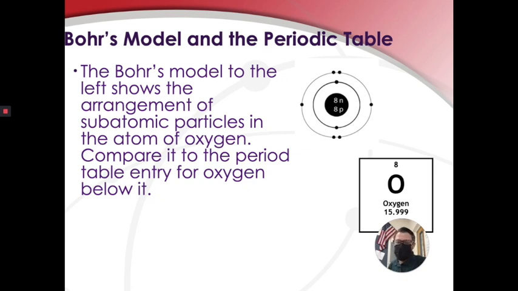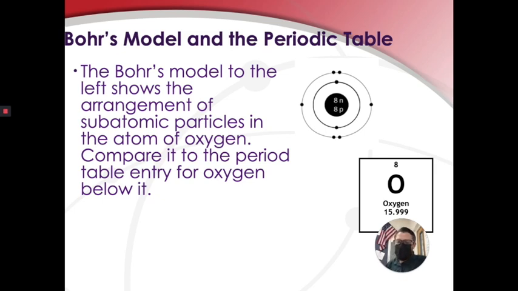Okay, so in the Bohr model here, we have in the center, it says 8n and 8p. That's 8 neutrons and 8 protons. Okay, and then we have rings surrounding that. Those rings represent the electrons. Now, we know that electrons don't orbit in nice, neat little patterns, but this is just a simplified way of looking at the atom so we can better understand how that atom is put together.